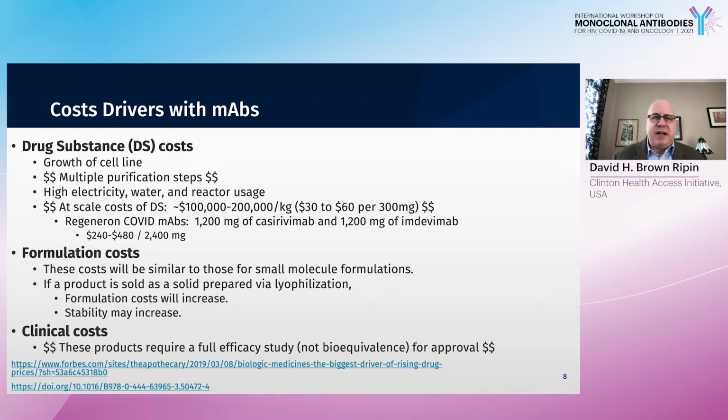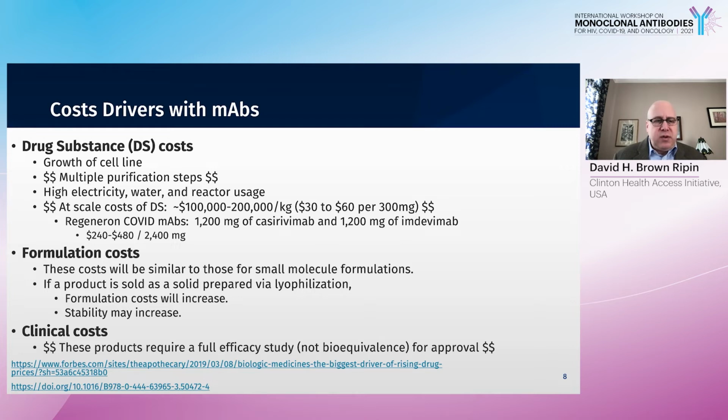As a comparison and reminder, the small molecule ARV costs currently for best-in-class treatment are on the order of $65 per year's worth of treatment for a 3-drug ARV regimen. So that's the drug substance. Looking at the formulation, these costs will look very similar to those for small molecule sterile fill and finish products.